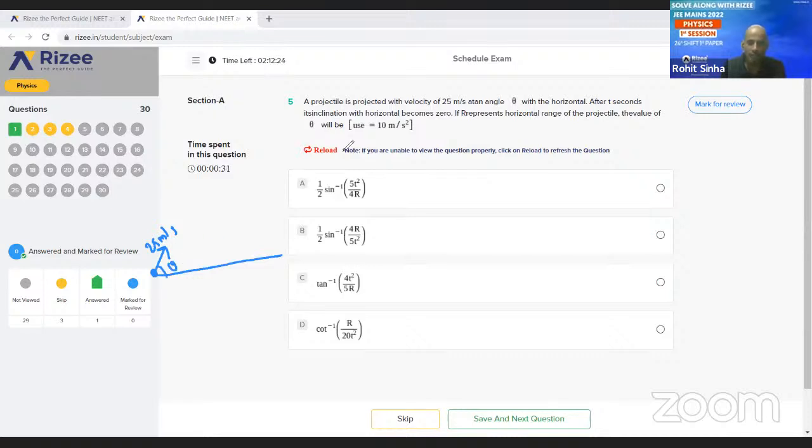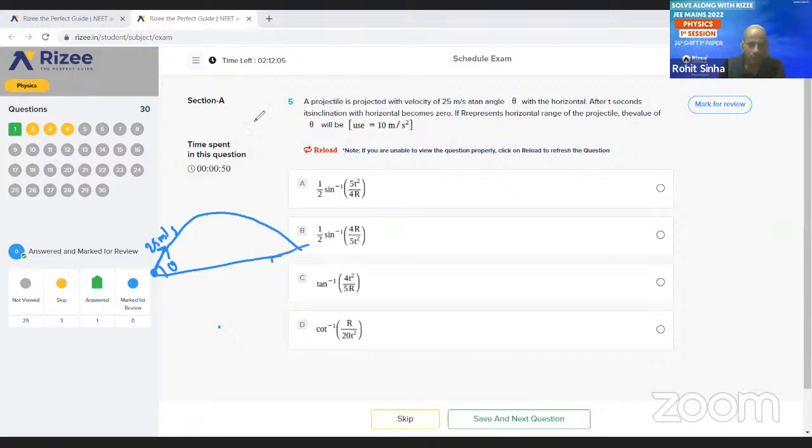After t seconds, its inclination with the horizontal becomes 0. And you remember, my dear friends, if a projectile is moving like this, the trajectory of the projectile is defined like this.